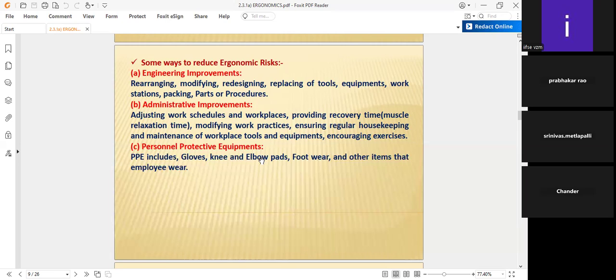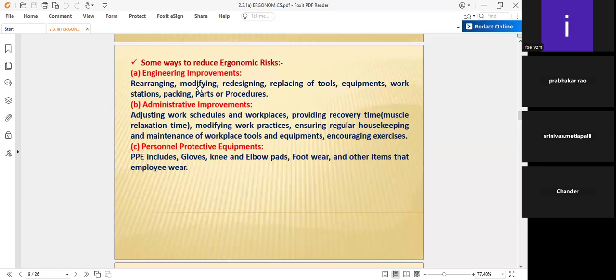Shoes are very important. Safety shoes, but not heavy ones; light safety shoes are there for those people who are carrying objects, and we have to provide the footwear. Other items that employees wear, as required per the material and the work environment, the organization has to provide as protective equipment.